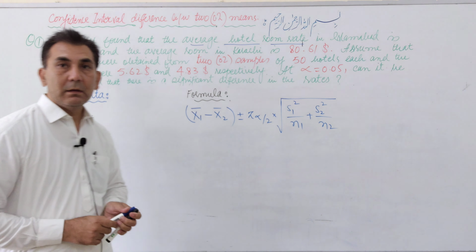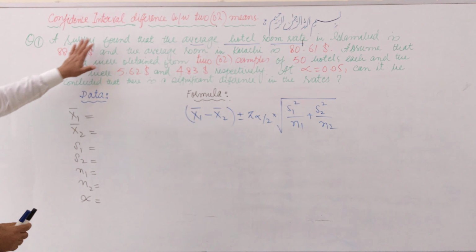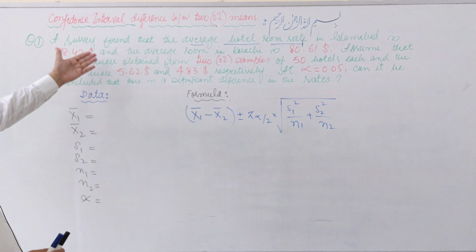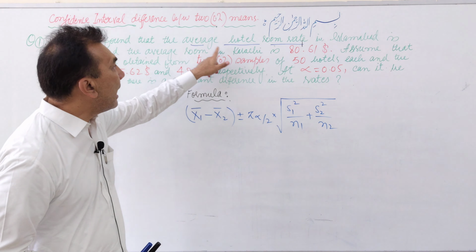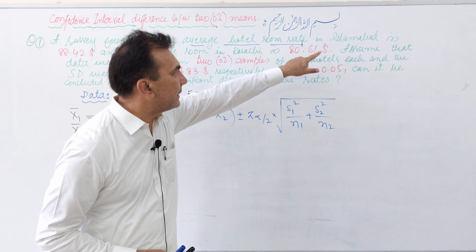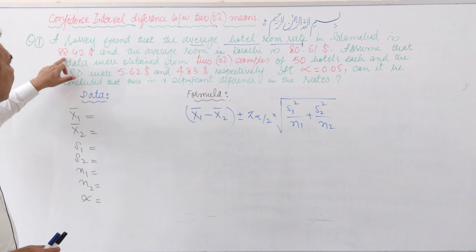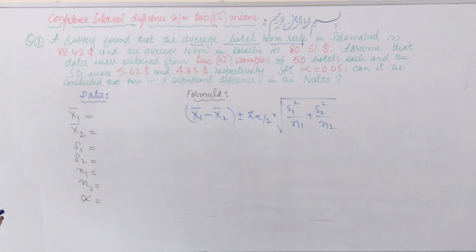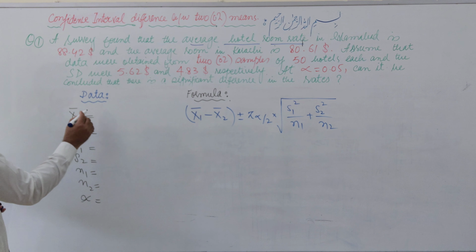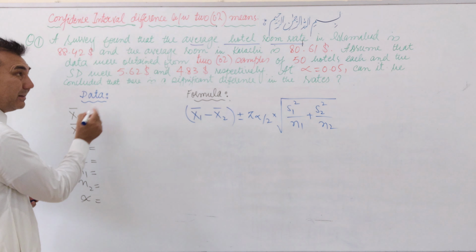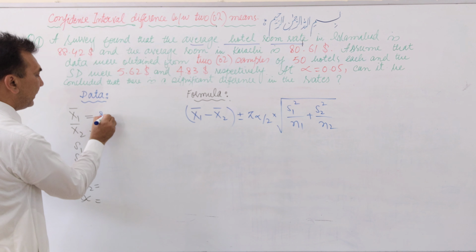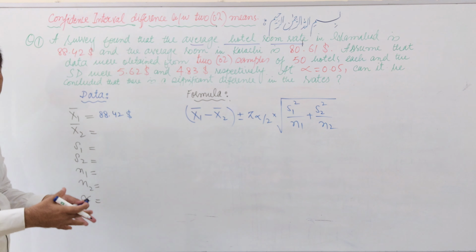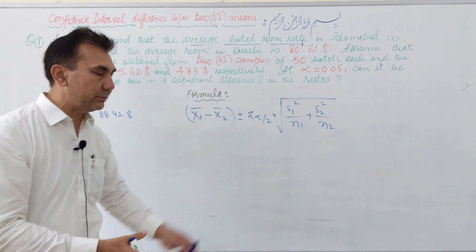Now read the question once again. A survey found that the average hotel room rate in Islamabad is 88.42 US dollars. So it is the value of the sample mean of the first one, the average room rate in Islamabad city.